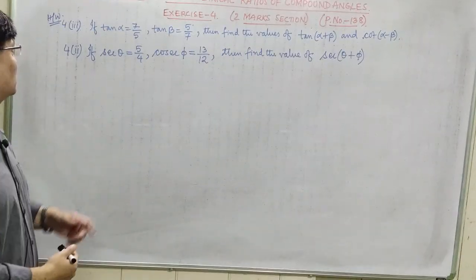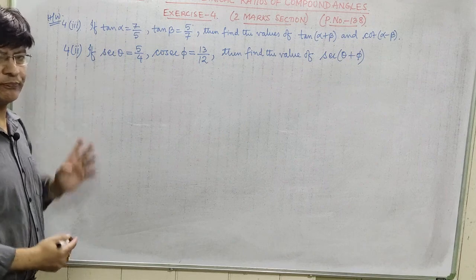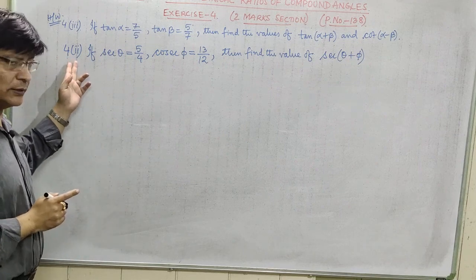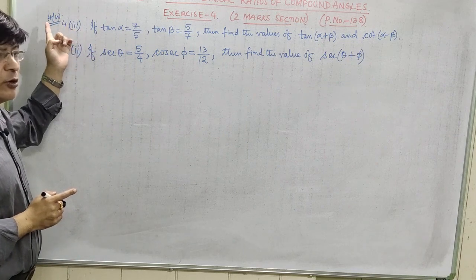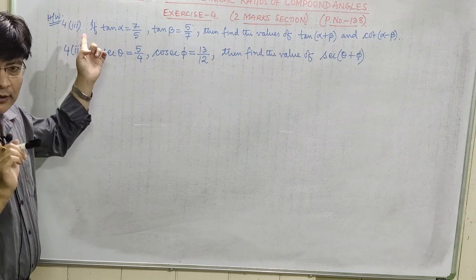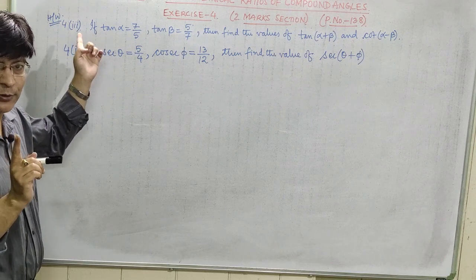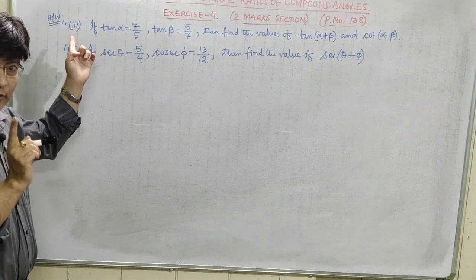Now we'll do the next question, that is 4 number 2. This 4 number 3 will be homework. I will not give you the hint for this 4 number 3. You have to try yourself.